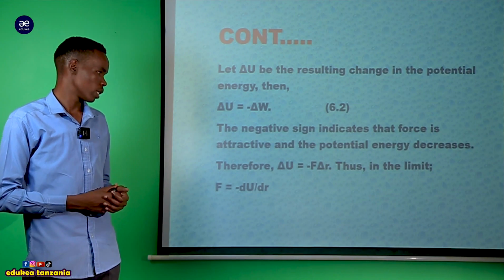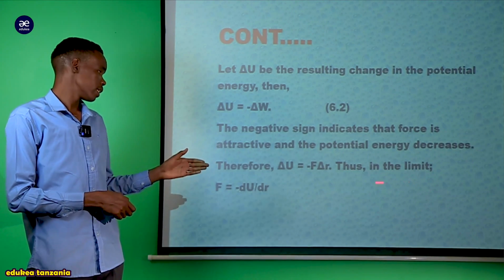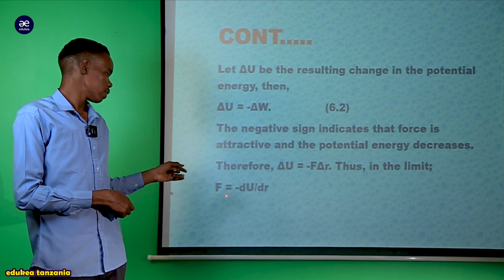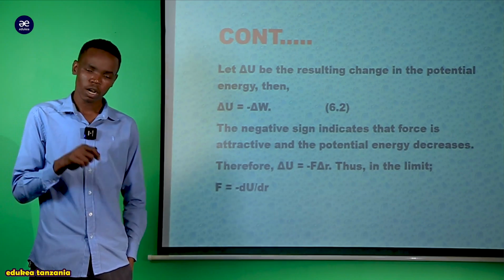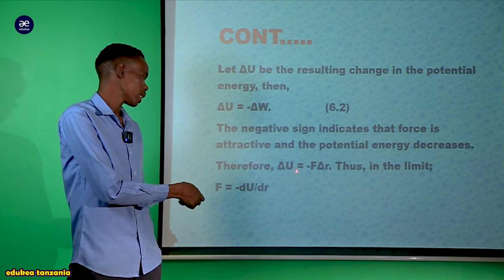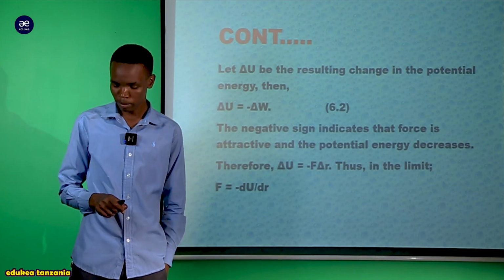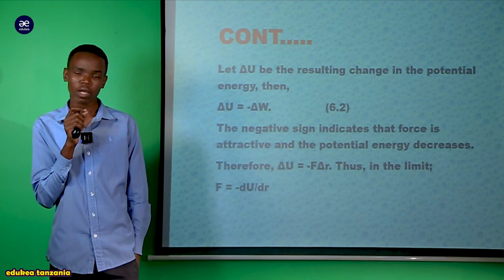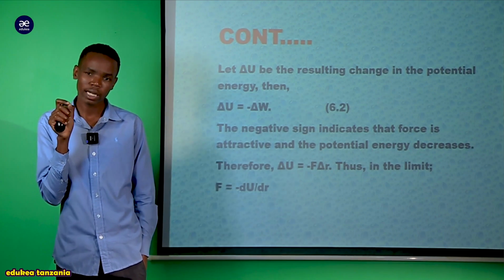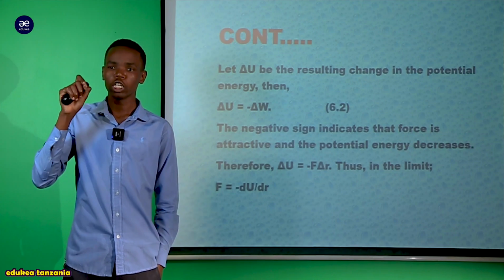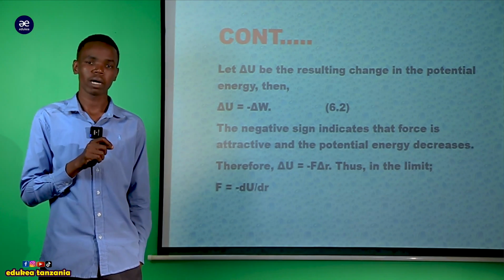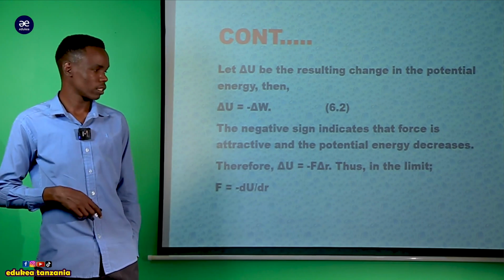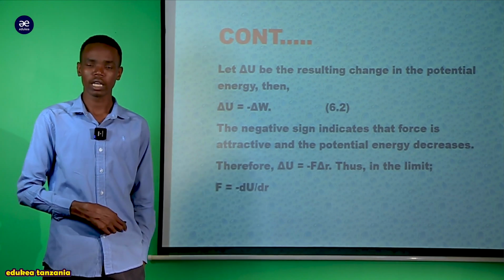Thus in the limit we can differentiate the force. For a small change, let us make F the subject, and we obtain that the force must be equal to the negative derivative of the potential energy with respect to the small change of the distance, as shown here, my dear students.